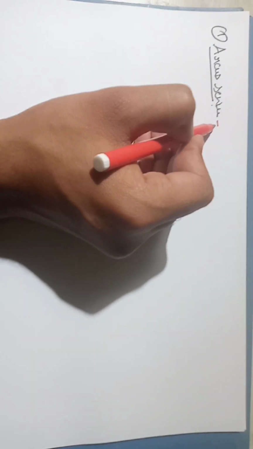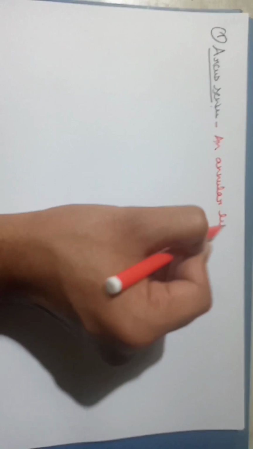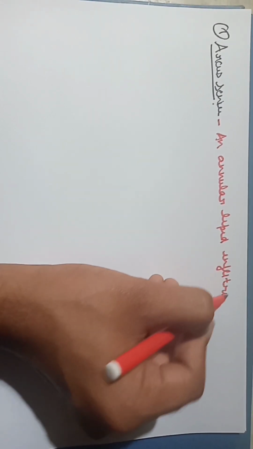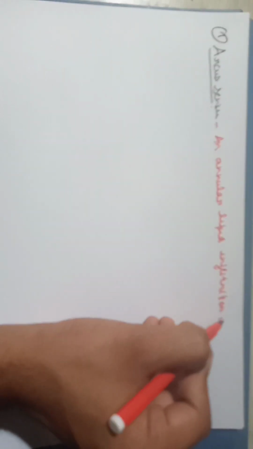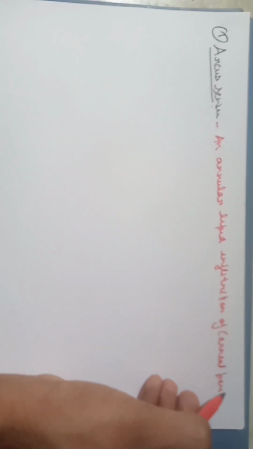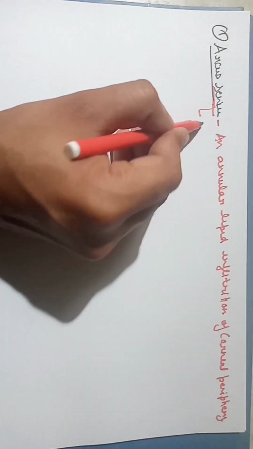So it is lipid infiltration of the corneal periphery, annular. Lipid infiltration of corneal periphery. So when it is age related, it is bilateral.